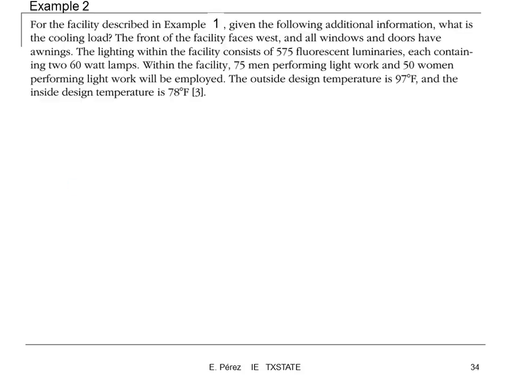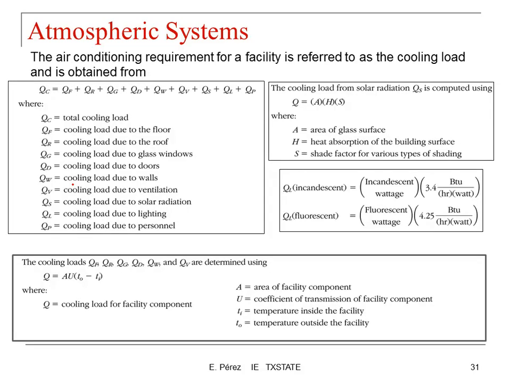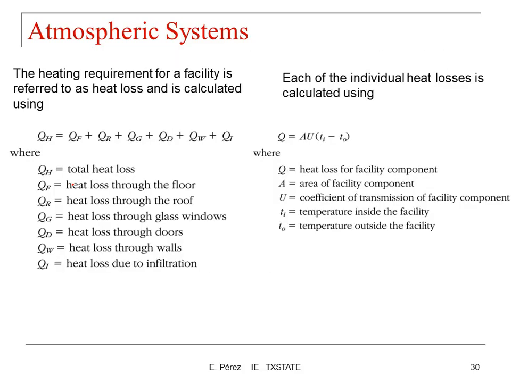So QF is the heat loss through the floor. So we need to determine the area of the floor to compute this loss. So again, this is the equation that we are going to use.